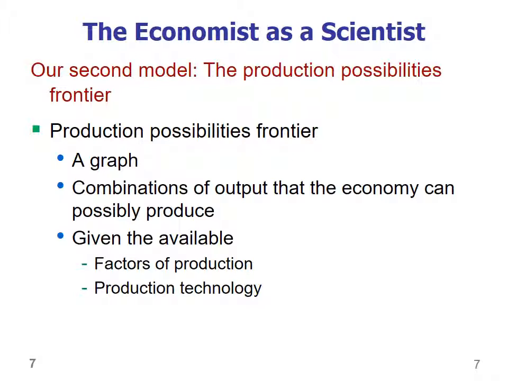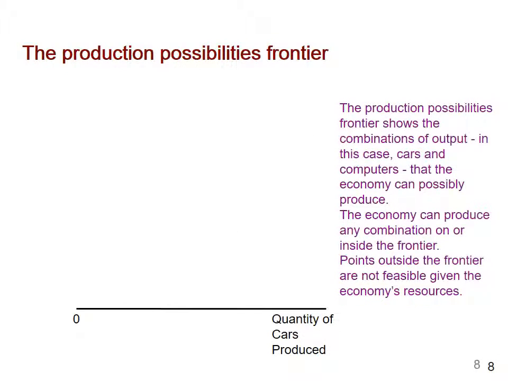The production possibilities frontier is a graph that depicts the various combinations of goods a society can produce given its inputs and given the technology. Consider this graph of the PPF. Suppose we have two goods, computers and cars. Given a country's resources, it can decide how much of one or the other good to produce.